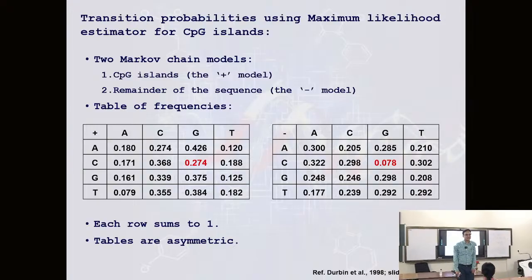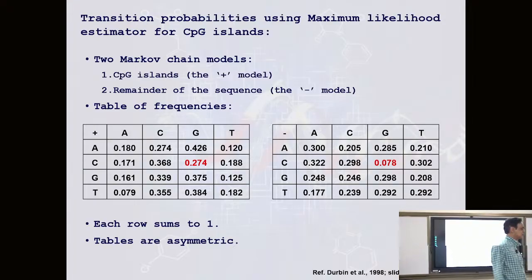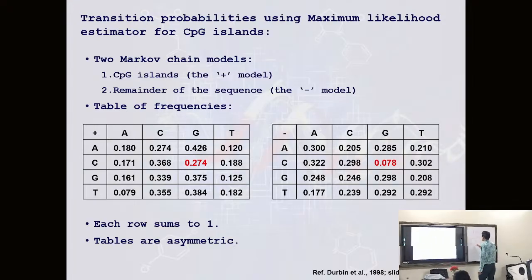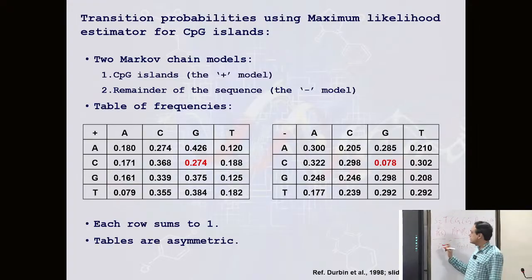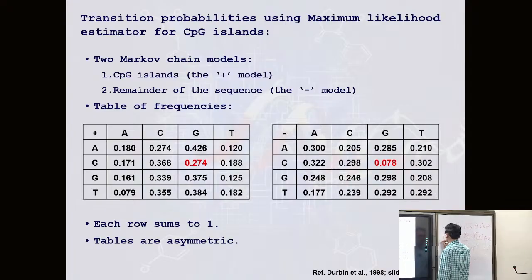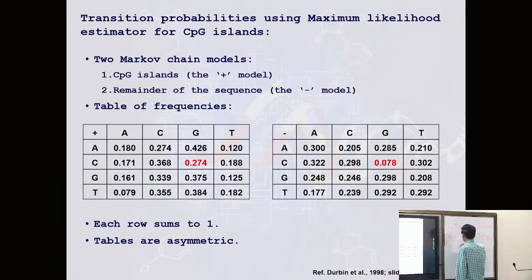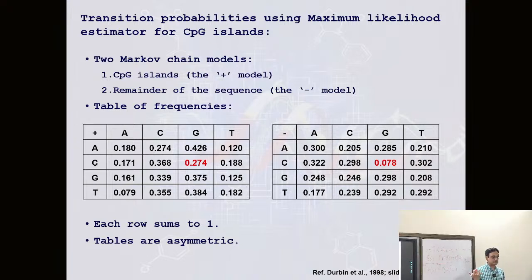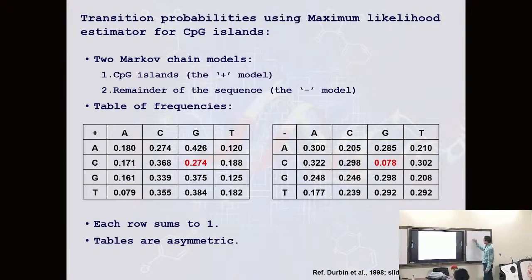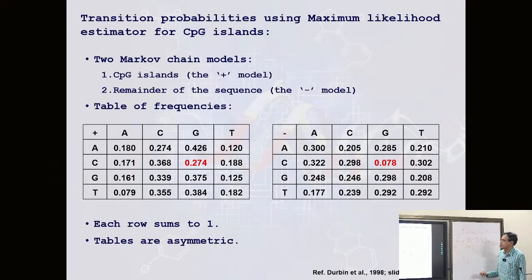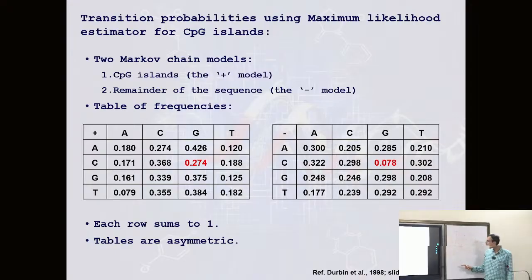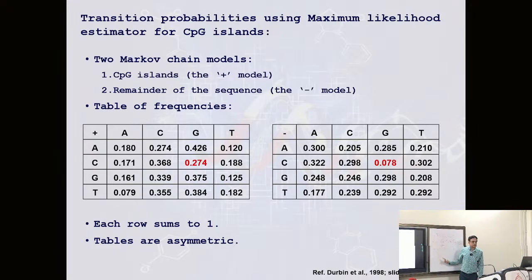Likelihood ratio. Right? And when I take the logarithm of this, it becomes the log likelihood ratio, which is also called the odds score. If this is greater than 1, then what will you infer? The sequence is a CpG sequence or non-CpG sequence?